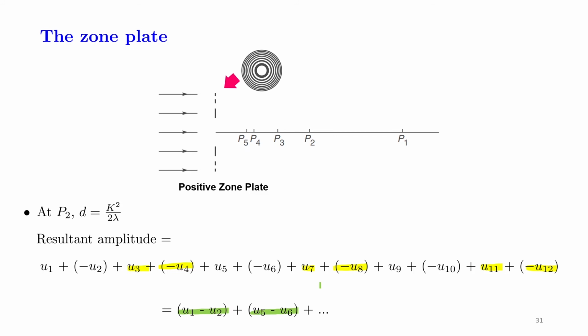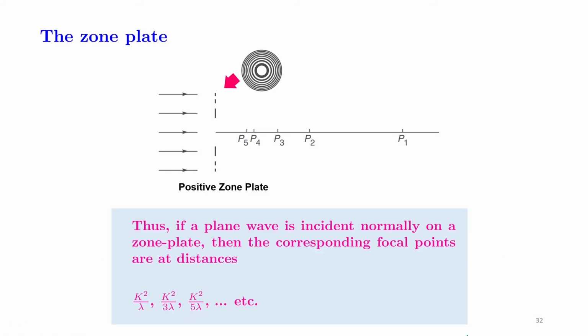Thus, if a plane wave is incident normally on a zone plate, then the corresponding focal points are at distances k square divided by lambda, k square divided by 3 lambda, k square divided by 5 lambda, etc.